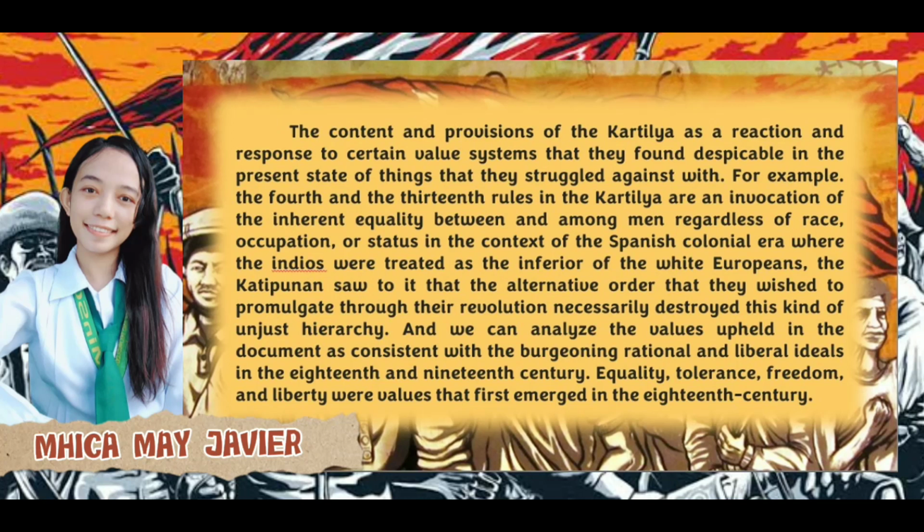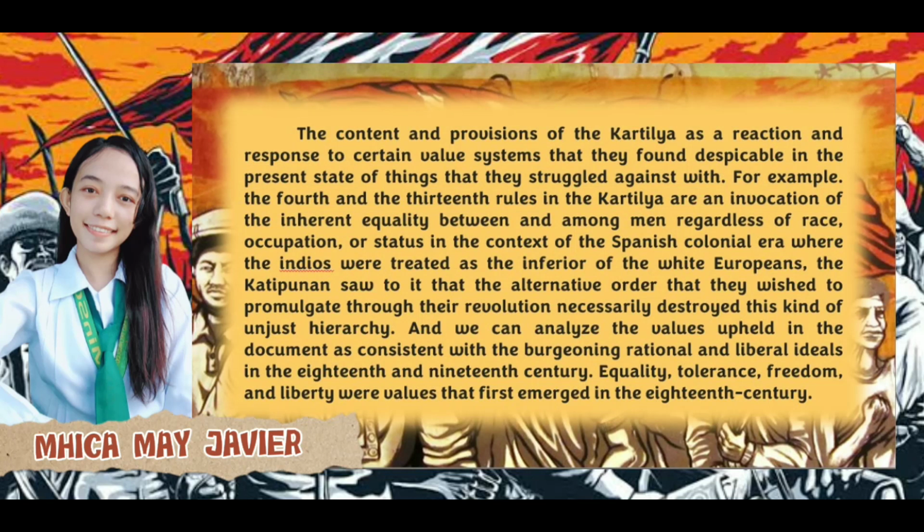Equality, tolerance, freedom, and liberty were values that first emerged in the 18th century. And aside from the liberal values that can be dissected in the document, we can also discern certain Victorian and chivalrous values in the text.